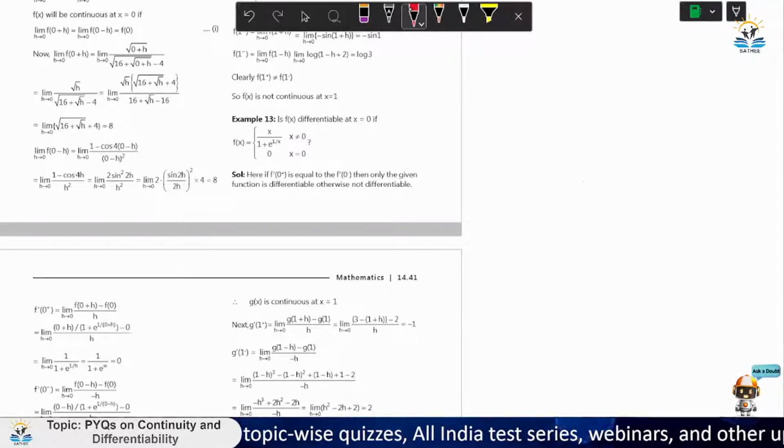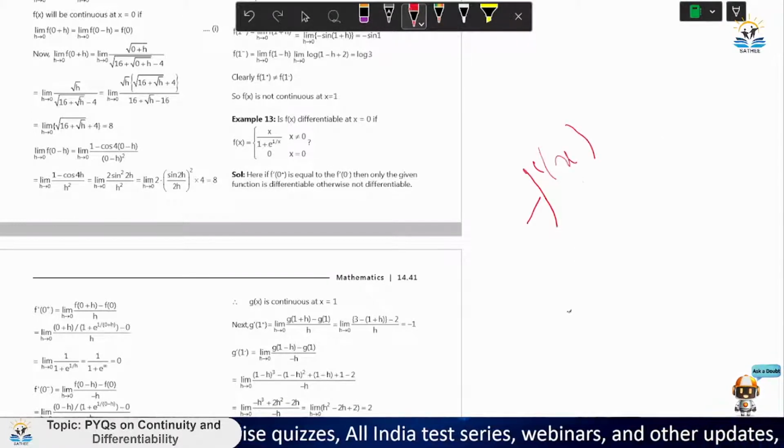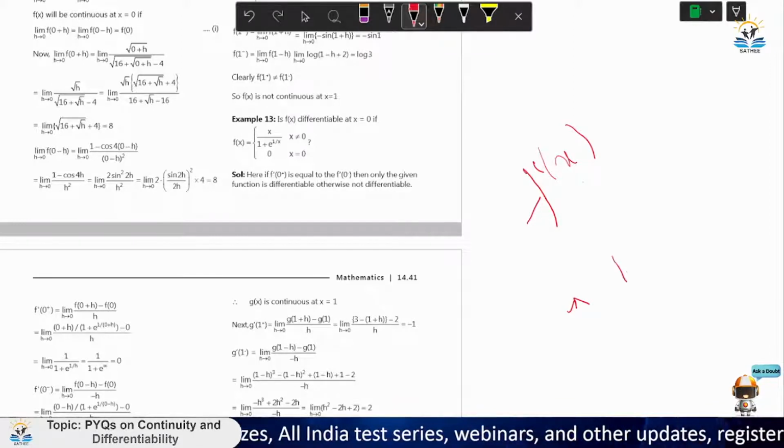जीरोस, कॉन्टिन्यूस। अब डिफरेंशिएबल देखना है, तो f dash of x देखना पड़ेगा। अब f dash of x कैसे निकालेंगे?